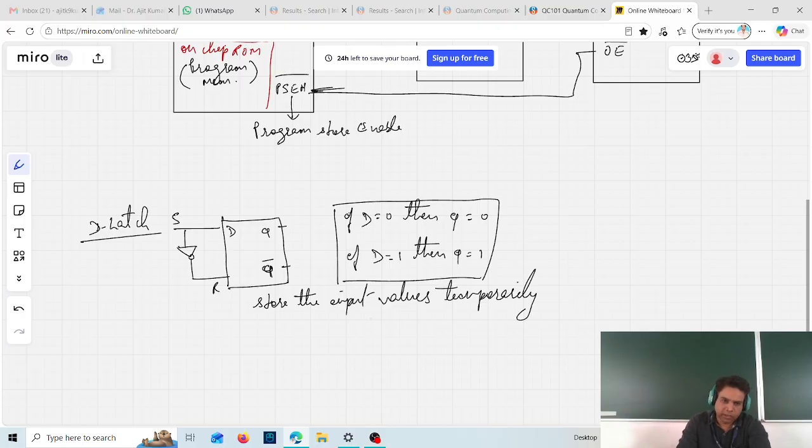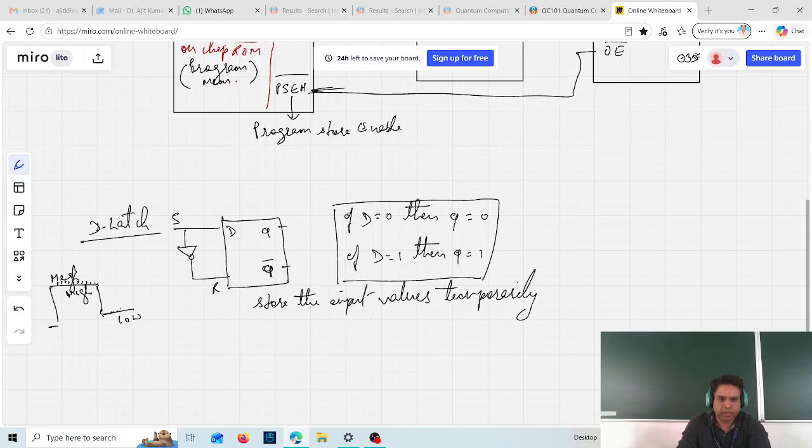You also know that to enable this latch, we connect a signal here.